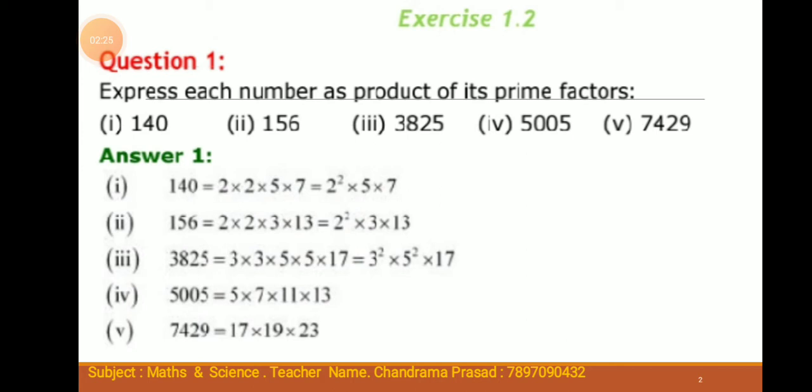Fourth, 5005 equals 5 into 7 into 11 into 13. Fifth, 7429 equals 17 into 19 into 23. This is the prime factorization of 7429.